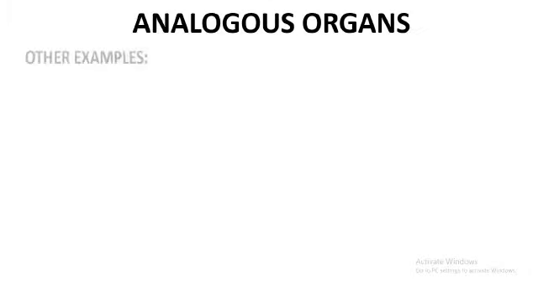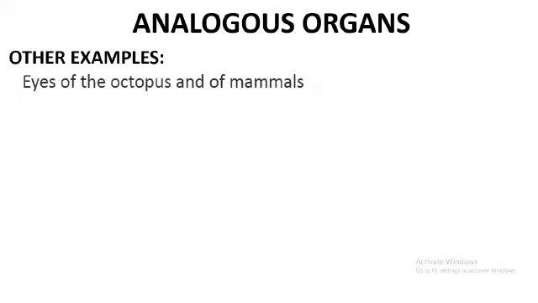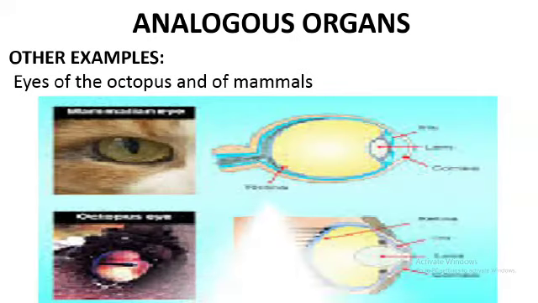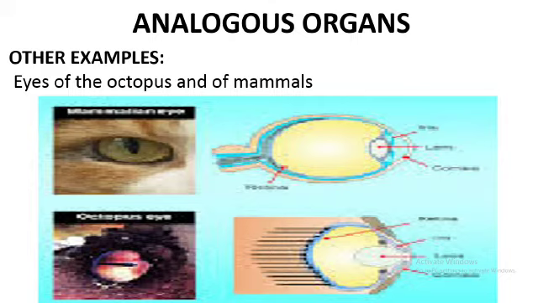Let us go to another example of analogous organs, that is the eyes of octopus and mammals. Here both eyes appear to be the same but structurally they are different. Functionally they carry out the same function, that is vision. But when you compare the eyes of octopus and mammals, the structural components are totally different.